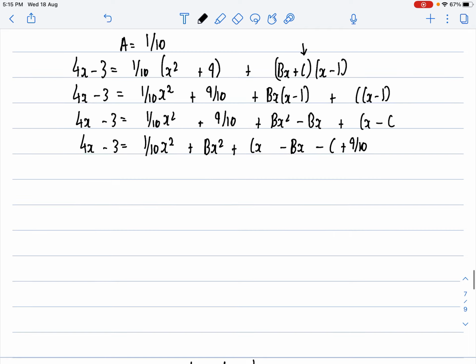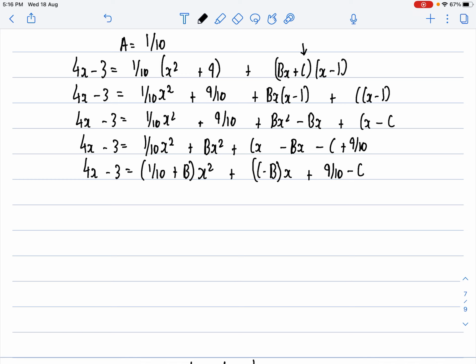Now I can write this as 4x minus 3 equals to, I can take x square common here, so I basically get 1 over 10 plus b, plus I get c minus b with x here, plus in the constant I get 9 over 10 minus c.